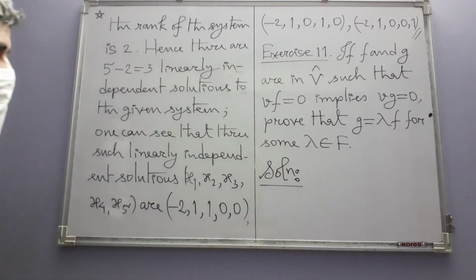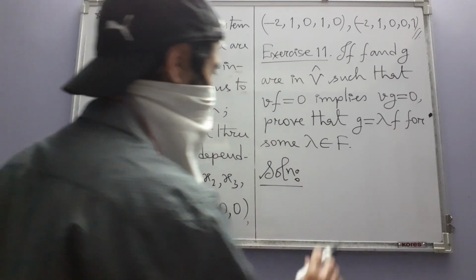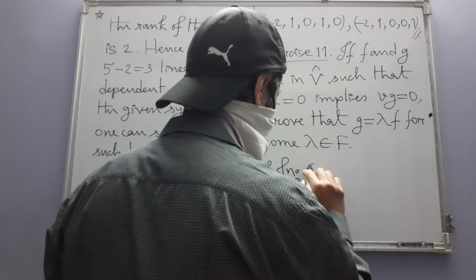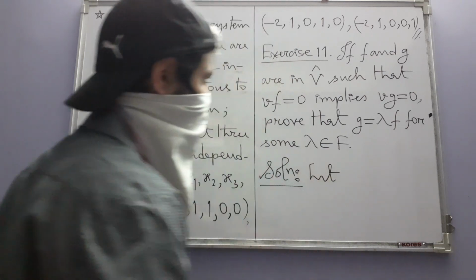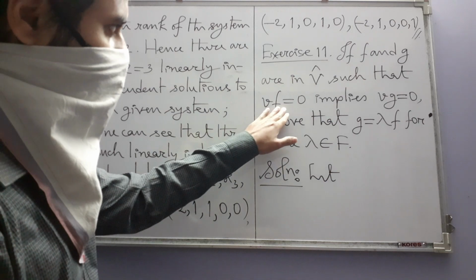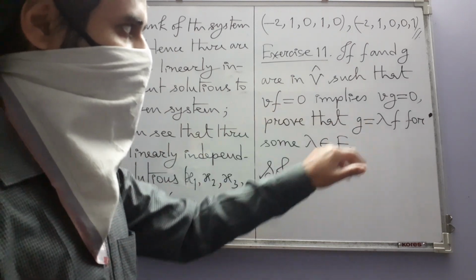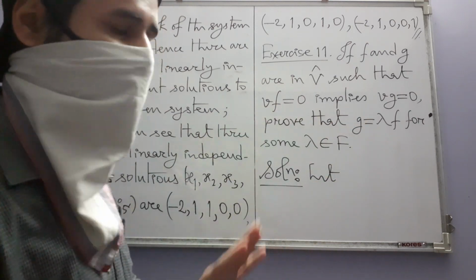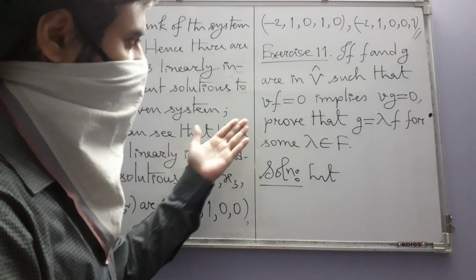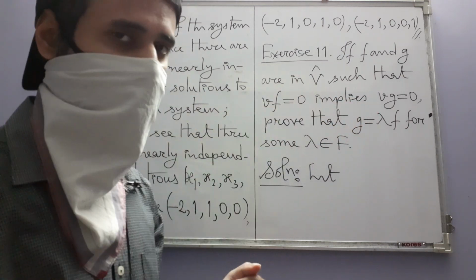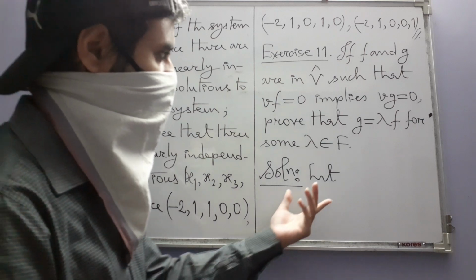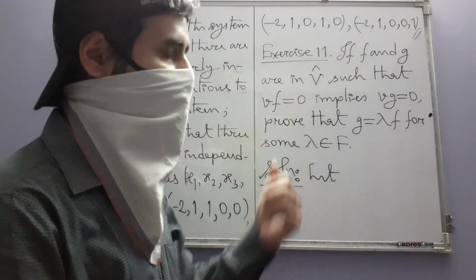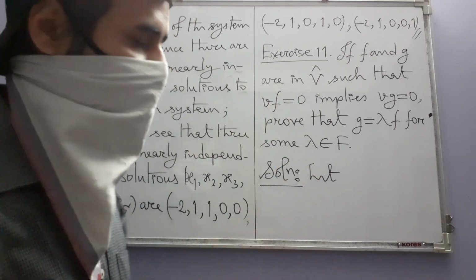So the solution goes like this. What we do in the beginning is that, because vectors getting vanished under these linear functionals, that's what we are considering, and in terms of that the hypothesis is given. So that means naturally we have to consider the kernels of these linear functionals f and g.